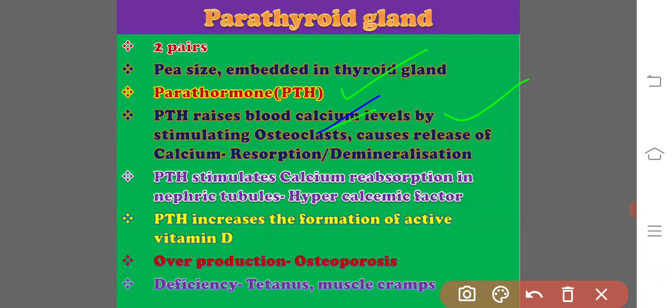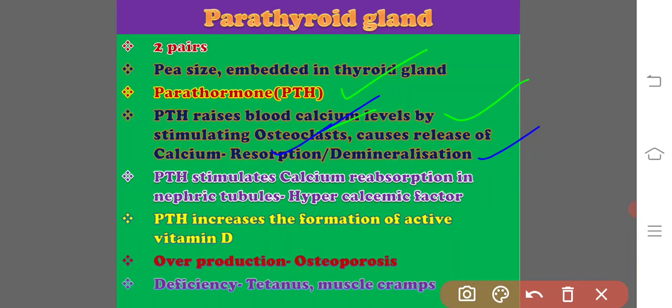That is, PTH stimulates the activity in bone dissolving cells called osteoclasts and thereby causes the release of calcium ions into the blood. This process is known as resorption, otherwise demineralization.